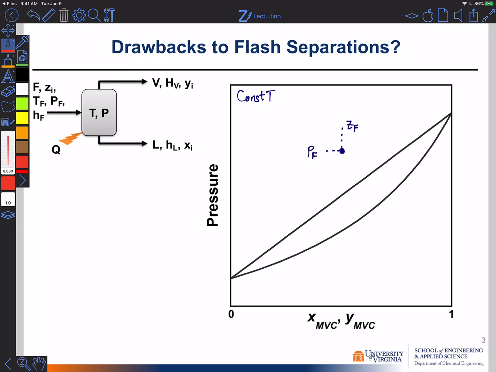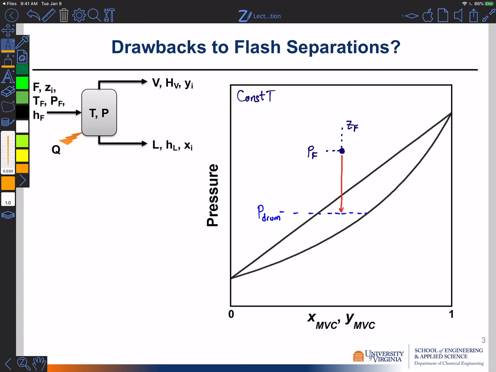And then ultimately what we're going to do, right, is we're going to come in and we're going to decrease the pressure of that liquid feed, and we're going to bring that down into the two-phase region. And when we do that, drop the pressure to some lower pressure that we'll call P drum, that's going to do some separation for us.